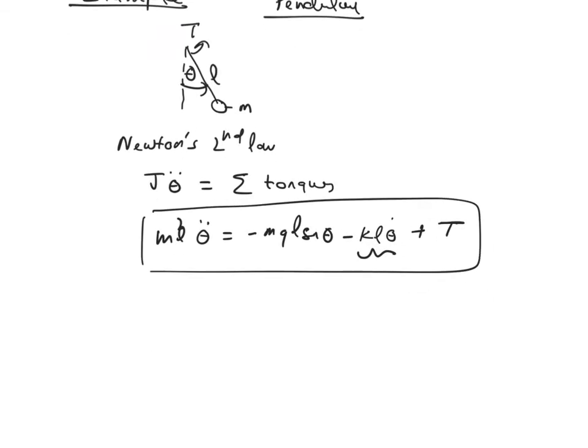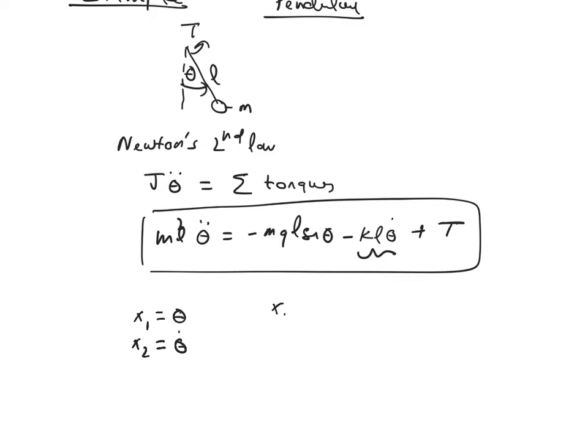So we have two states: x1 equals theta and x2 equals theta dot. You can write your equations of motion using this equation now.